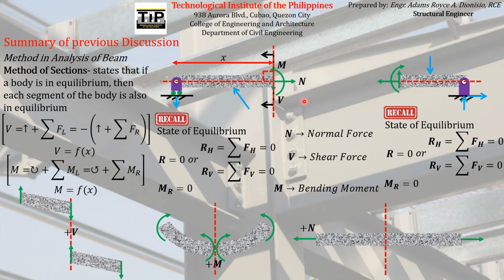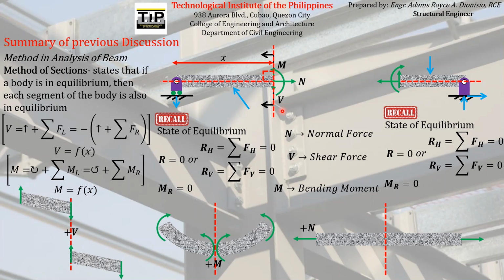We are not always concerned with any other internal force other than the maximum values of the shear and bending moment acting on the beam. So that is what we are usually concerned with every time we design a structure as civil engineers.